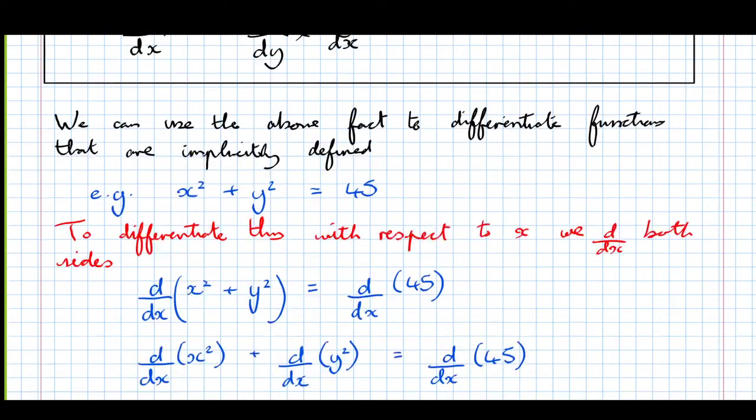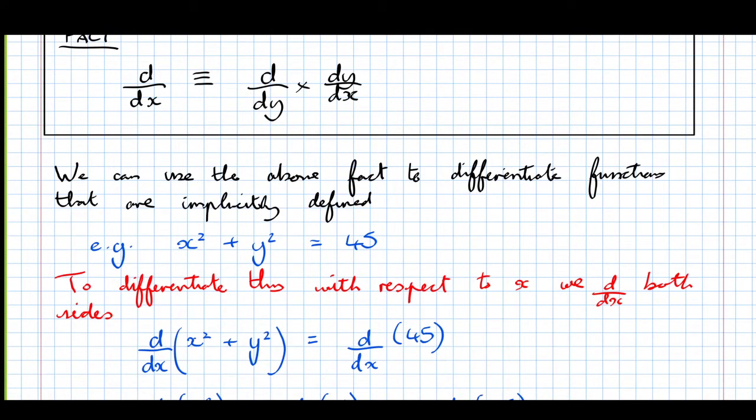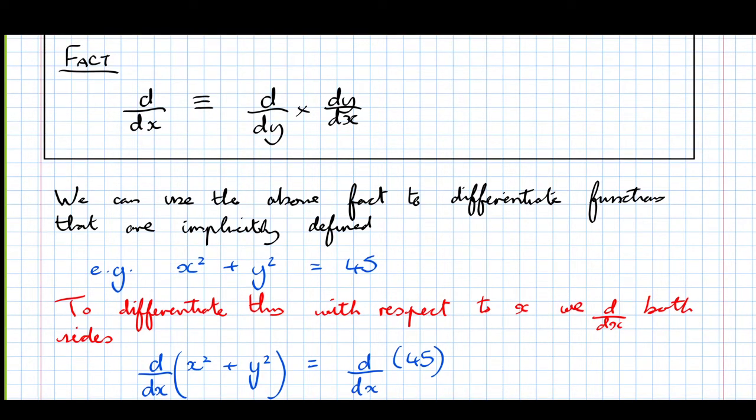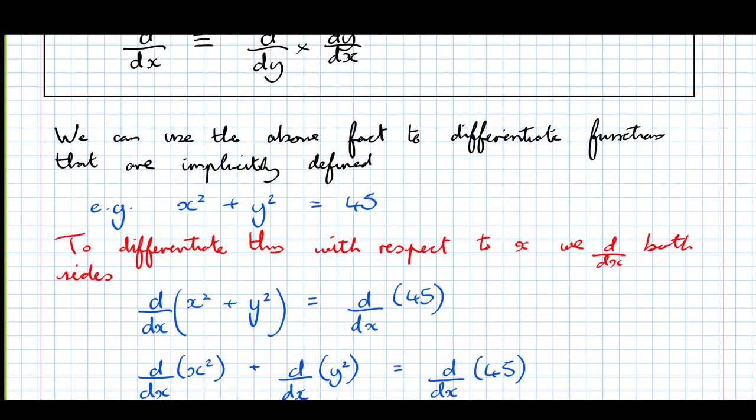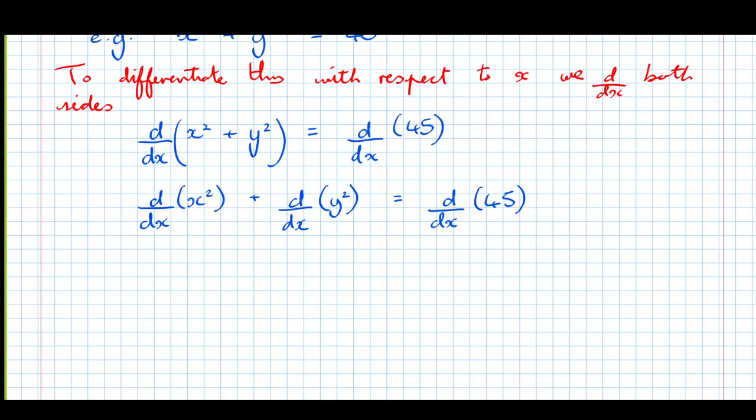So looking back up at this fact here, the equivalent of differentiating something with respect to x, we can differentiate with respect to y, then times by dy by dx. So actually, this one here is the equivalent of differentiating with respect to y, then timesing by dy by dx. And that's how implicit differentiation works.